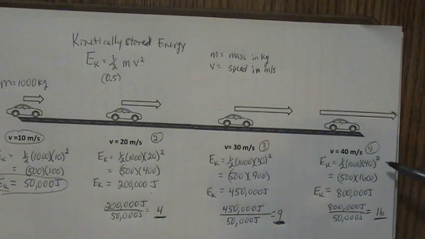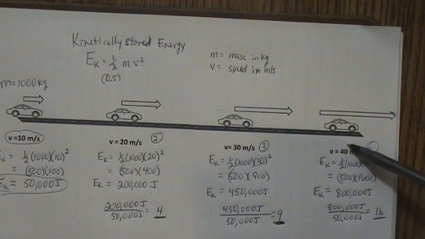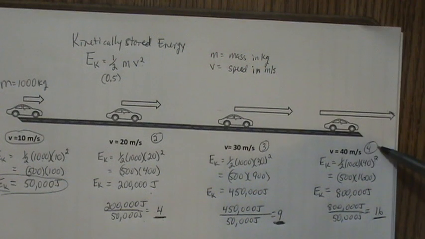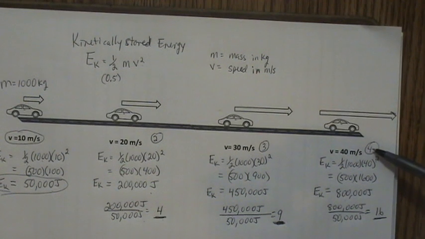I think from here, we probably wouldn't even need to do all the rest of these calculations. If I said we had the same car at 50 meters per second and asked what the amount of kinetically stored energy would be, it would be 5 squared, or 25 times the original.